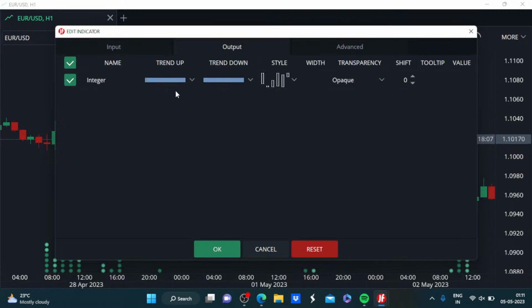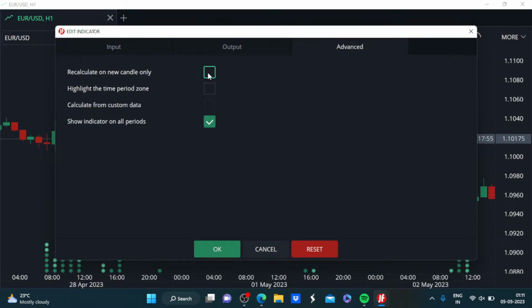You can go for bracketing, or you can go for full shading of the candle. We calculate on new candle only. We can go for this option, but since this formation requires all four candles to have formed in a particular manner, this option is not going to have much of an impact.